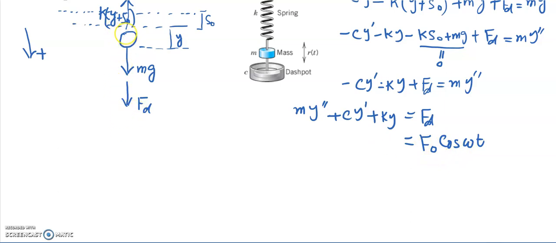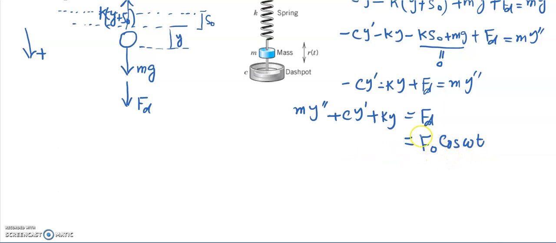Because the motion of the mass attached to the spring is oscillatory motion. Oscillatory motion means going downward, going up, then down, up, down. For representing that up-down motion, we should have some function here. For example, the driving force also changes direction periodically. The cosine function or even the sine function can provide such a capability.